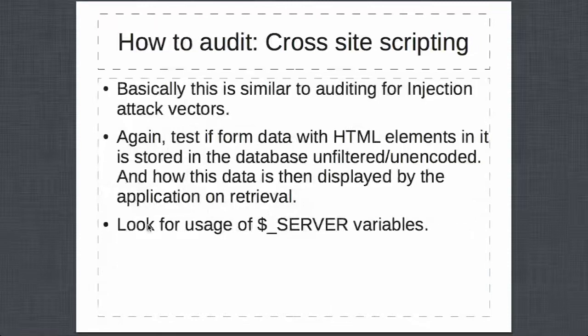How to audit? Well, again, check for injection attack vectors and also test if an application accepts external input like HTML. Check what kind of filtering is done on that. In PHP, you have this thing called strip_tags, a method which is probably very easy to use because it's only one method and you assume that it will strip all the HTML. Well, in fact, it won't. It only looks for the opening and closing brackets around the tag and strips that out.